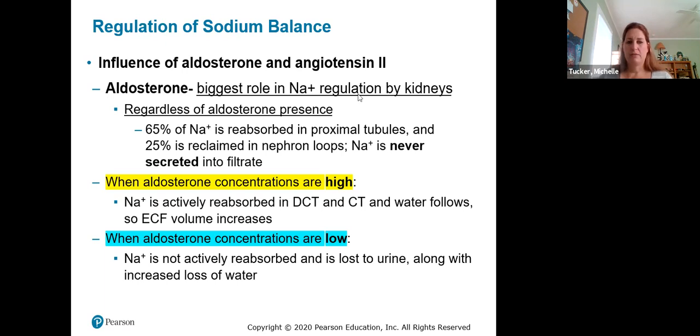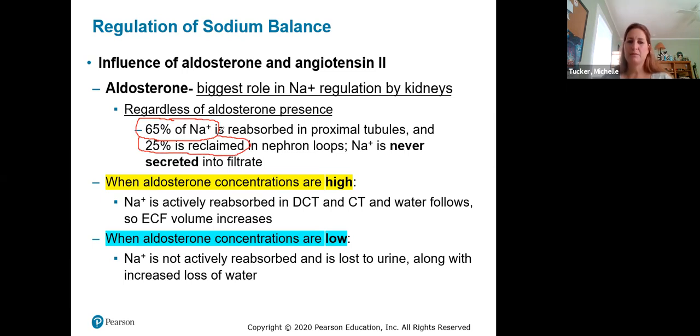Regardless of hormonal control, there is this obligatory reabsorption. Our body knows that we need to maintain a certain volume of salt to maintain a certain volume of plasma in our body. So regardless of anything else that's going on, 65% of sodium is going to be reabsorbed in the proximal tubules. 25% is going to be reclaimed.